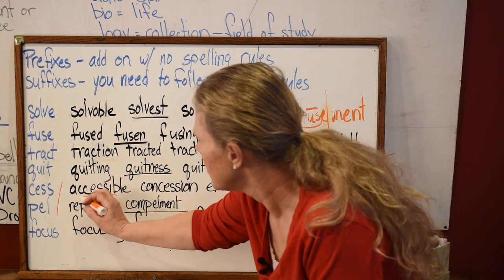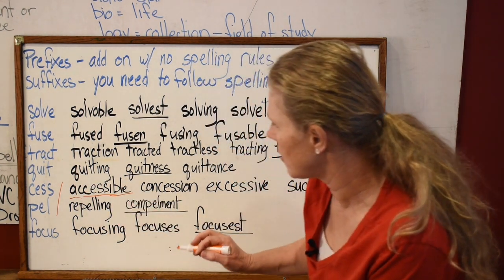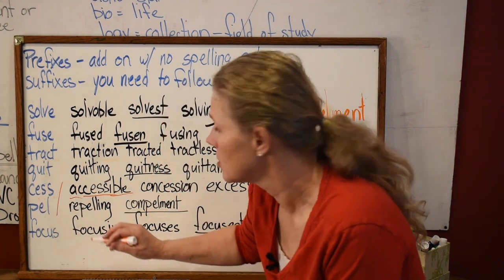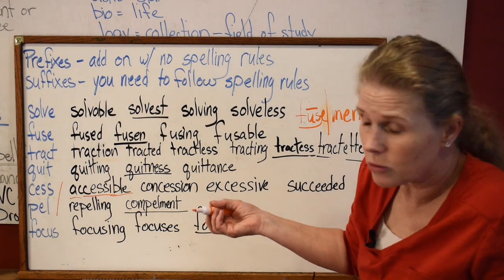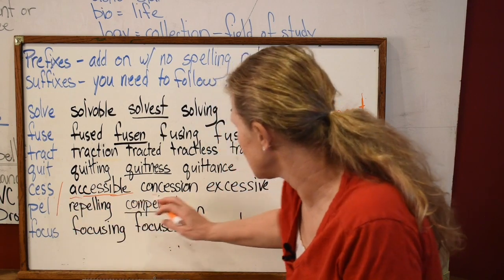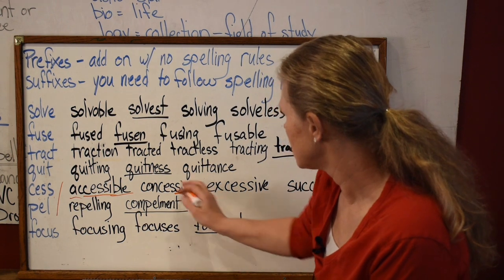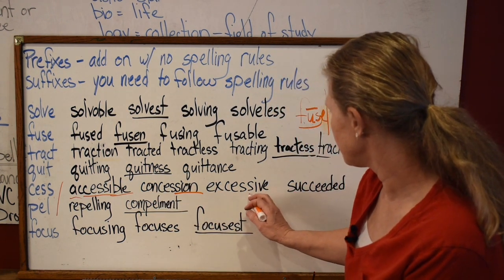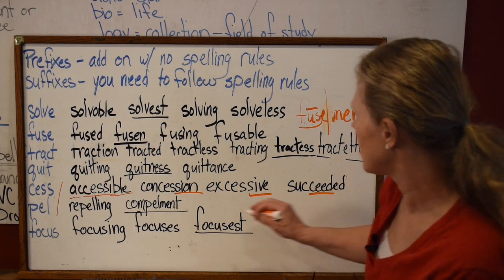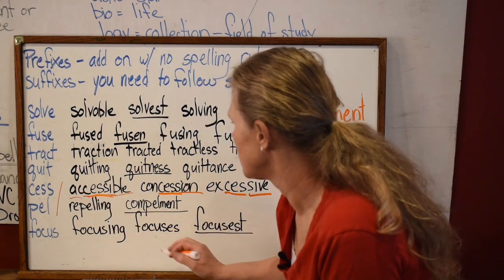So you have to have prefixes, most of the time, to make the real word, and then you can add on your suffixes. Okay? So look, this is vowel, consonant, consonant. So you're not going to need to really follow any spelling rules. It doesn't have an E, it doesn't have a Y, and it's not a consonant, vowel, consonant. So you can just add them on. Look at that. Spell your word: session, concession, excessive, succeed. Okay? There's your root. You just add them on. Here's your root, here's your root, here's your root.